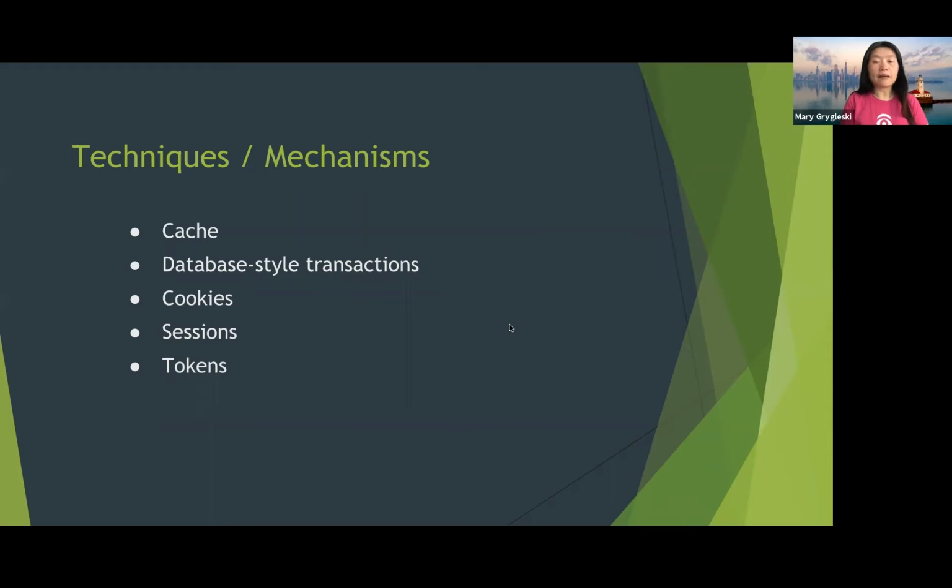And then you do database-style transactions, and you can still leverage your database to help with transactions at the database level. And then of course cookies, sessions, tokens, JWT can still be used in a cloud native environment, but it would be slightly different, because now everything will be replicated, in a container world, where you want load balancing and also high availability.